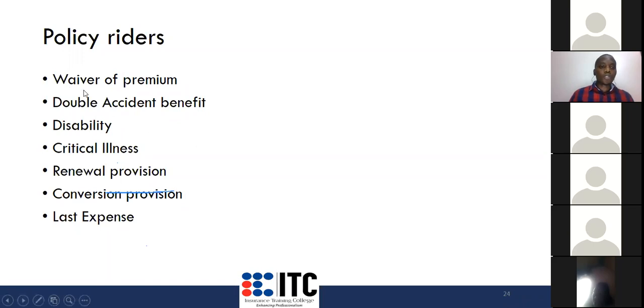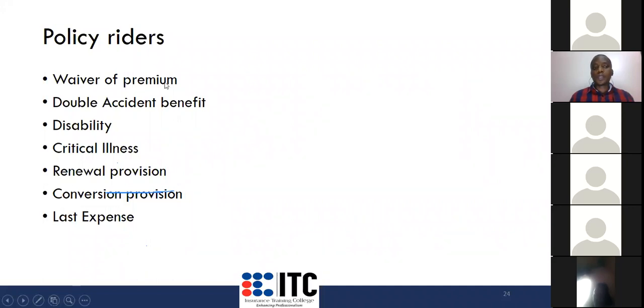And the first one and the most common is the waiver of premium. The waiver of premium cover in most cases is on disability. Though I have seen a waiver of premium on death, I will not go into explaining all that, but the main one is waiver of premium on disability.